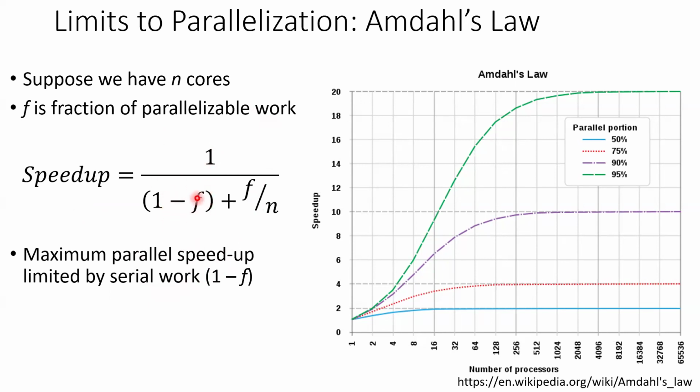So if your parallelizable work is like half of your entire program, then your speedup will never exceed 2x. If you have 95% of your program that's parallelizable, then you can reach something like 20x for more and more processors.